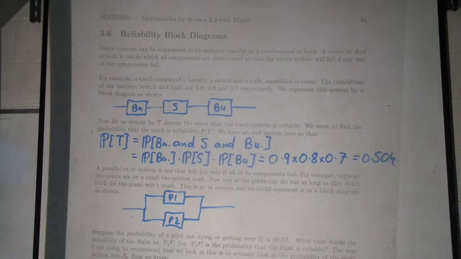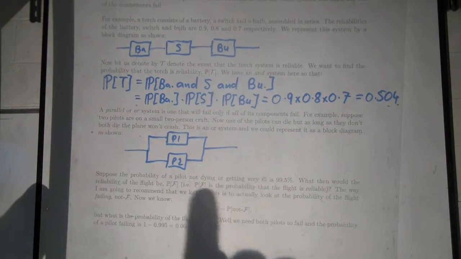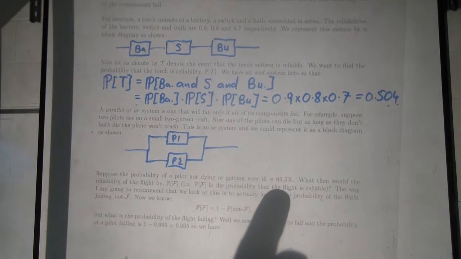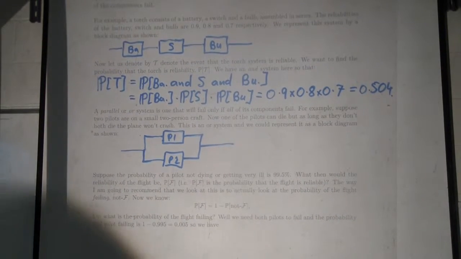The only way it's going to fail is if both of them fail. Any kind of backup system is a parallel system. The only way it fails is if all of them fail. Now, suppose the probability of a pilot getting very ill is 0.5%, so the probability of them being fine is 99.5%. So both of them are 0.995.